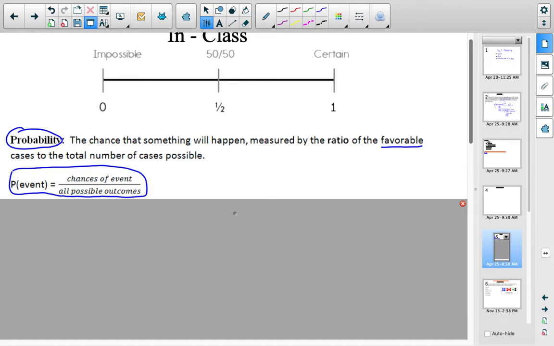What's interesting here is you see a number line up here at the top. This goes from 0 to 1, and notice how it's labeled. Something that's impossible would be 0. For example, the probability that an elephant would walk into this room right now and start to teach this lesson would be 0.